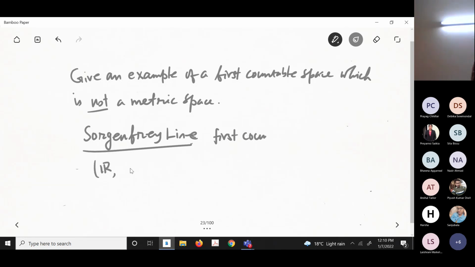It's a different topology. It's first countable, but not metrizable. That means not a metric space, that means the topology cannot come from a metric. Okay, so I will talk about this later on.